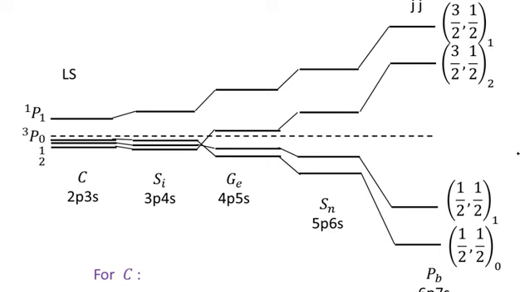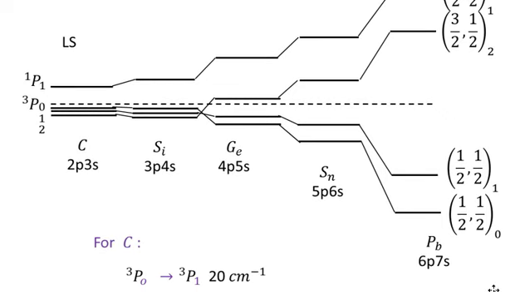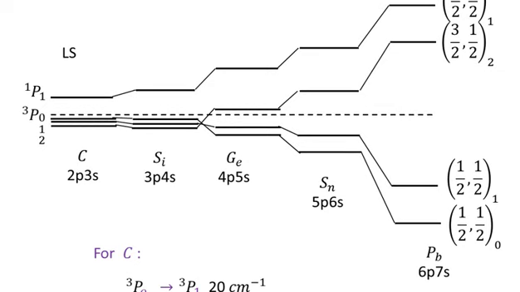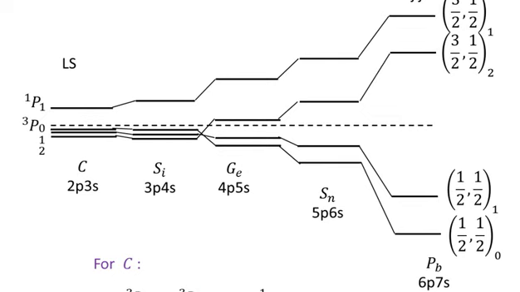This is the JJ coupling for the highest energy term, which is the lead term, with configuration 6p7s. So these are the four terms that I have shown for the lead atom. And you can see that as we move from the lighter atom to the heavier atom, the separation between the levels is increased, and their measurement becomes much easier for the heavier atom.